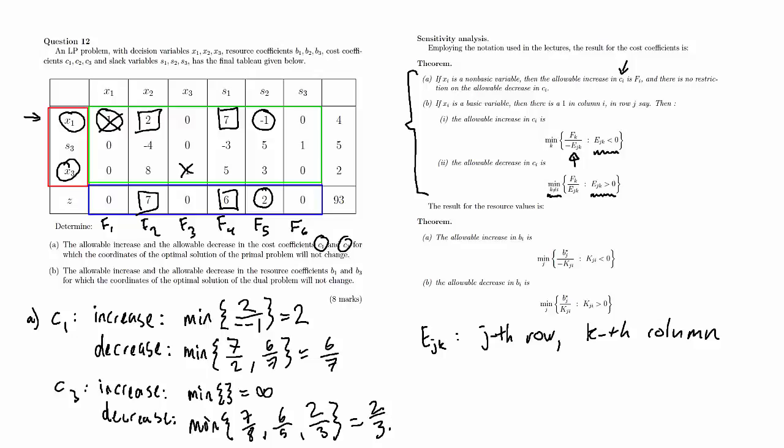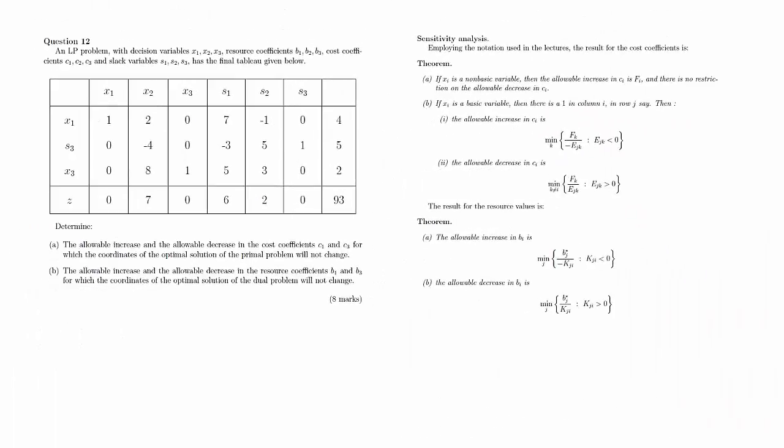This finishes part A, so let's move on to part B. For resource coefficients, we use the second part of the theorem. This time we don't have to worry about whether a variable is basic or not, but we do have to pay attention to which part of the table we use. The values for k depend on what our slack variables are. Our slack variables are S1, S2, and S3, so the matrix K is the part of the tableau here that appears underneath S1, S2, and S3.